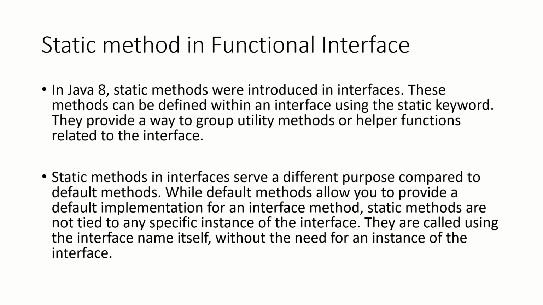They are class level, or you can say interface level methods. With the help of the interface name, you can directly call that static method. They are called using the interface name itself without the need for an instance of the interface.